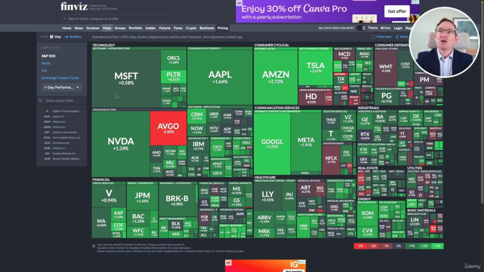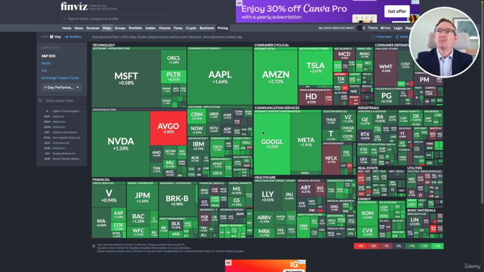Microsoft, Apple, and Nvidia have an outsized impact on the index as a whole, so they're larger squares. Some of these smaller stocks are still part of the S&P 500, but they have a relatively small market capitalization. So if you've got a mostly green map, that tells you it's a strong broad-based rally.